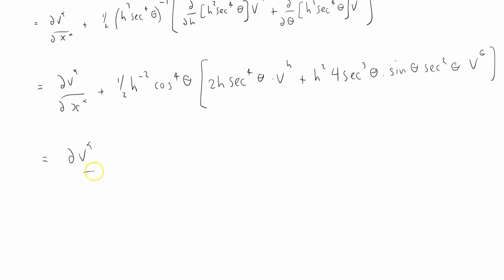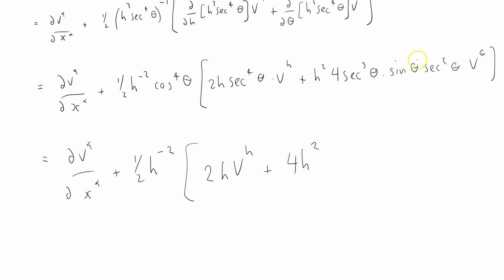Equals ∂v^α/∂x^α plus 1/2 h^-2 times 2h v^h. Why is that? It's because cos is 1 over sec, and they're both power 4s. Plus, not taking the factor of 2 out, have I? I've got a 4 there and an h squared.